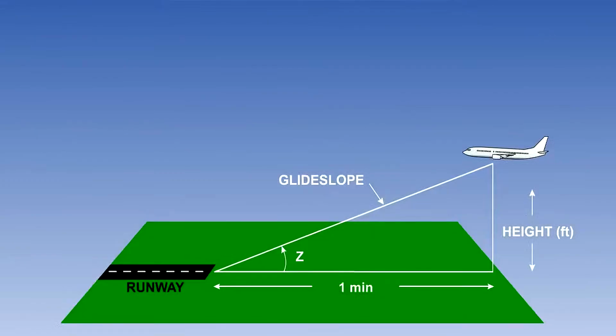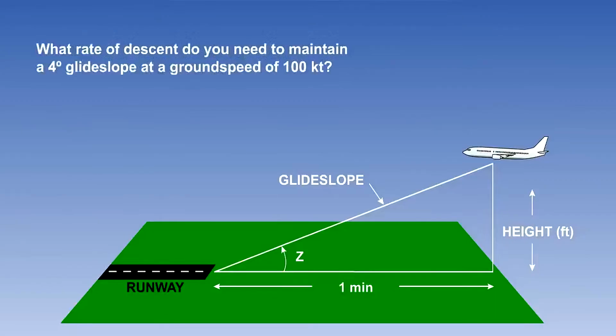What if the glide slope angle is not 3 degrees? How will this affect the required rate of descent? The easiest way of dealing with this is to work it out for 3 degrees and then factor it for the required glide slope angle. For example, what rate of descent do you need to maintain a 4-degree glide slope at a ground speed of 100 knots?